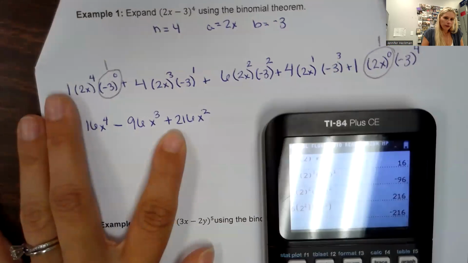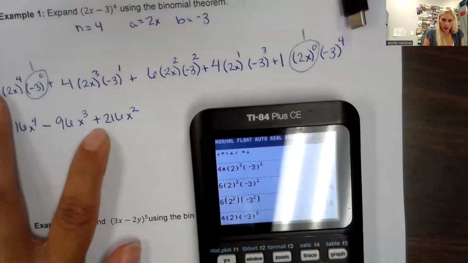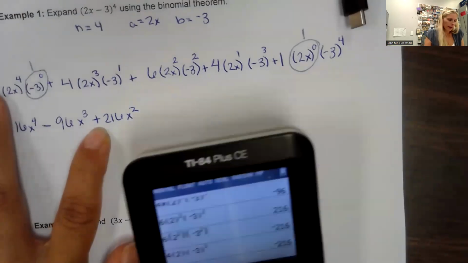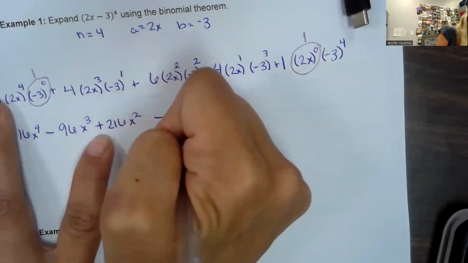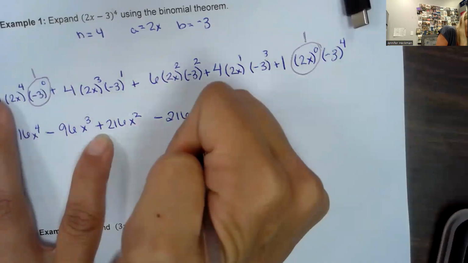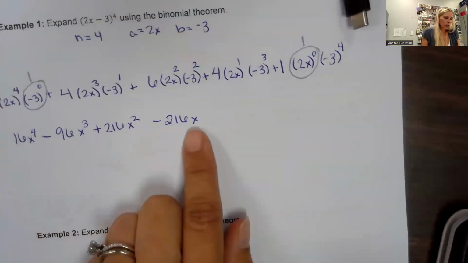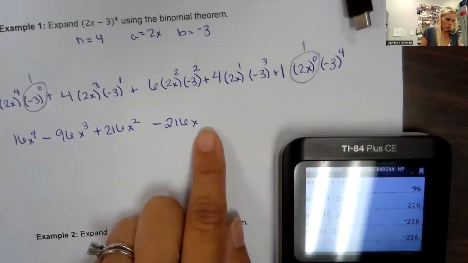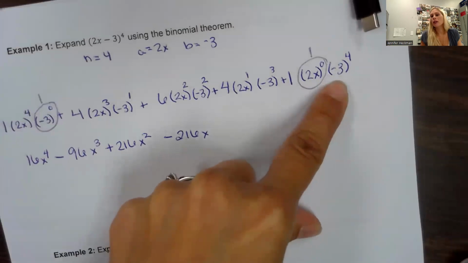We are on this 4th term here, which is 4 times 2 times -3 cubed. And I get -216, and that's x, okay? Now, last term here, we have 1 times 1 times -3 to the 4th.